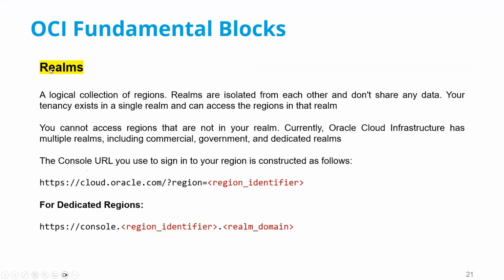We call it a realm. Normally we have our URL as cloud.oracle.com and then region equal to the region identifier. That's for normal regions. For dedicated regions, this should be the URL. So by looking at the URL, you can know whether it's a dedicated region or a common region. Also, regions can be commercial or government. So a realm is a logical collection of regions.